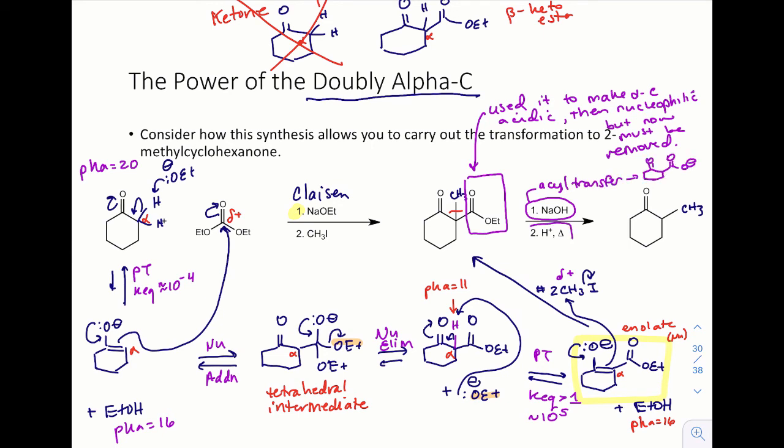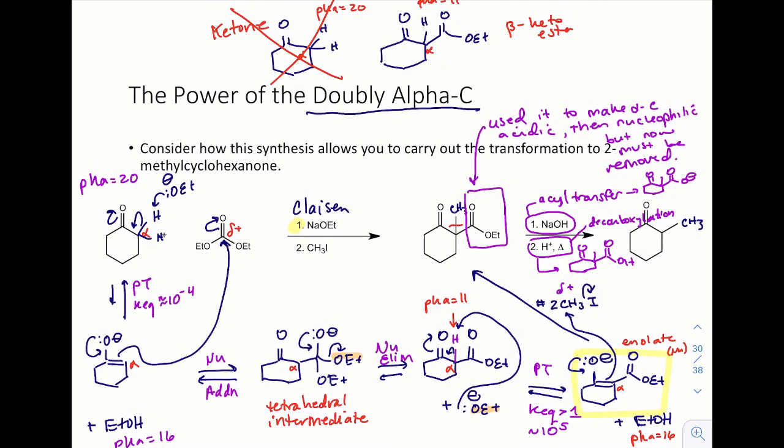And then in step 2, the carboxylate is protonated, oops, forgot the methyl group, sorry, to form the neutral acid, which undergoes decarboxylation. And poof, generates the desired product, which I have written all over, but it has been generated. Took us 2 slides, 2 different synthetic routes, but it has been generated.